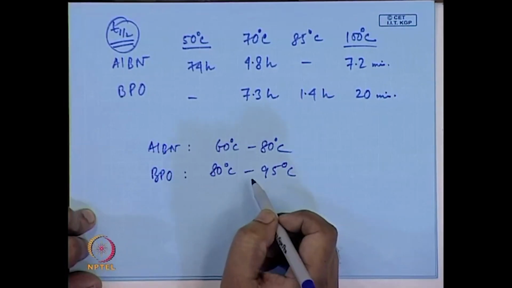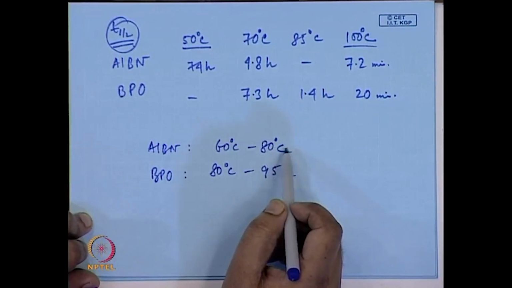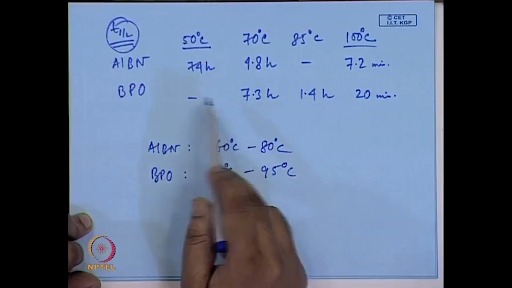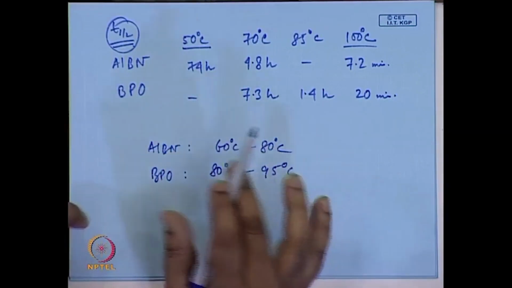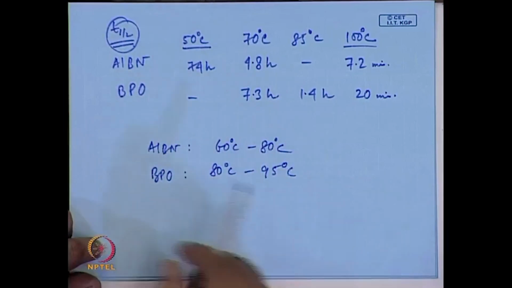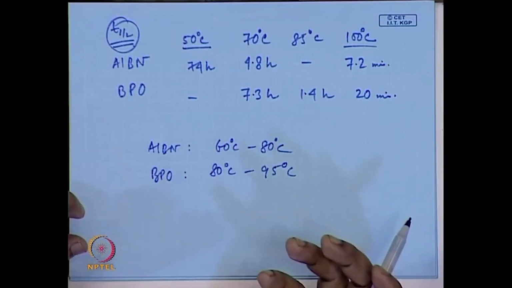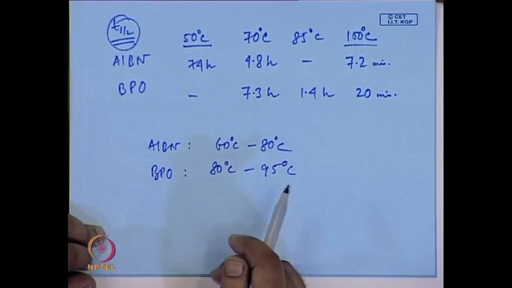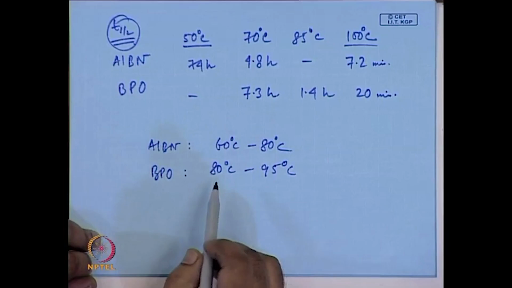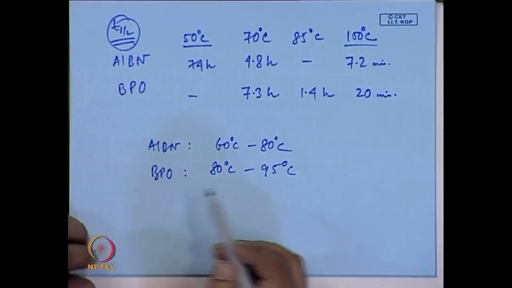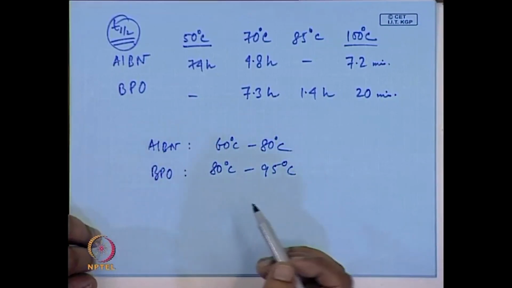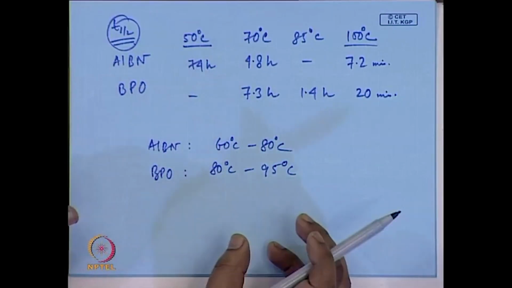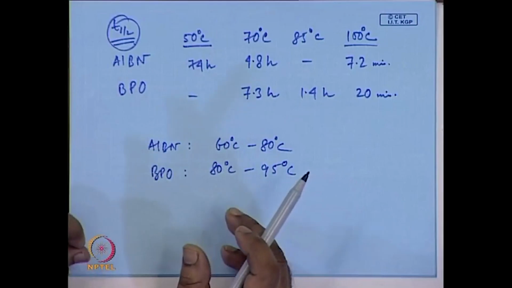And for the t half value of 10 hours, the temperature at which t half becomes 10 hours is typically the most used temperature. For that, AIBN is about 60 degree centigrade and BPO is about 65 degree centigrade, but it all depends upon how fast you want to carry out a reaction.